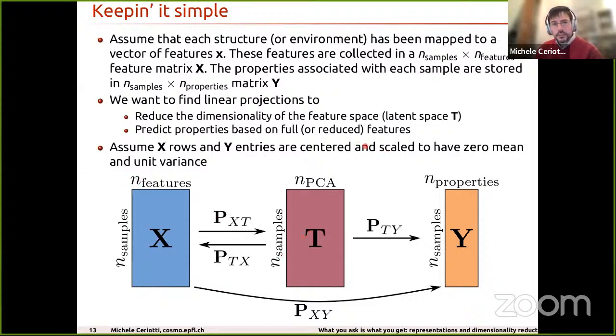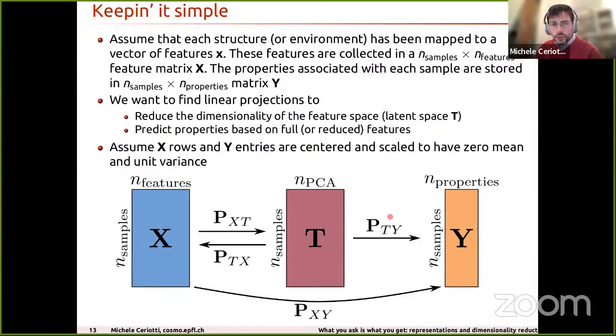And so, if you restrict yourself to linear methods or to kernelized methods that essentially are also linear methods in disguise, all that you're doing is basically finding linear projections from the feature matrix to a lower dimensional latent space. And then you might also want to do linear regression, another much underrated machine learning technique, in which case you would be trying to predict some molecular properties using your features as inputs and doing just a linear projection.